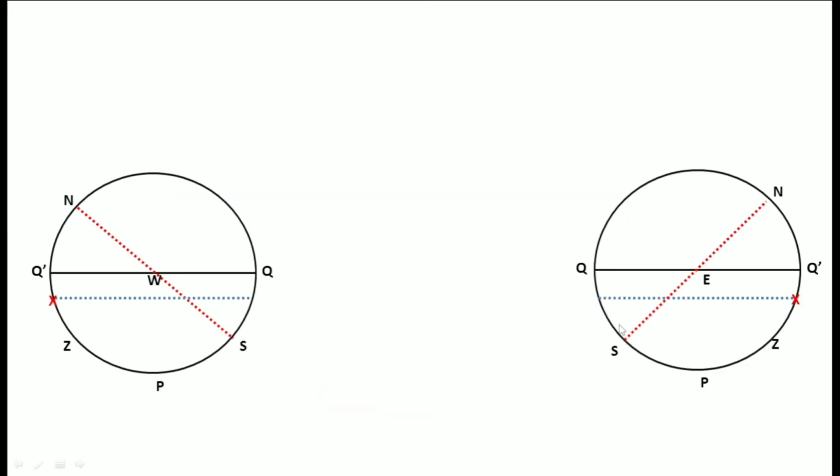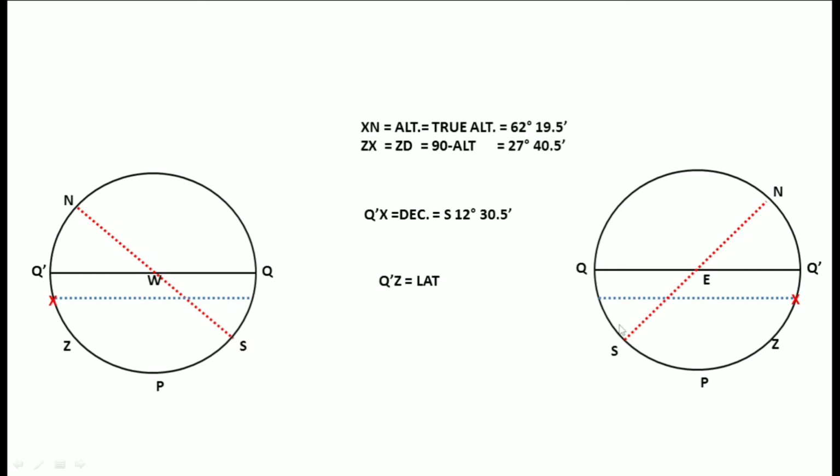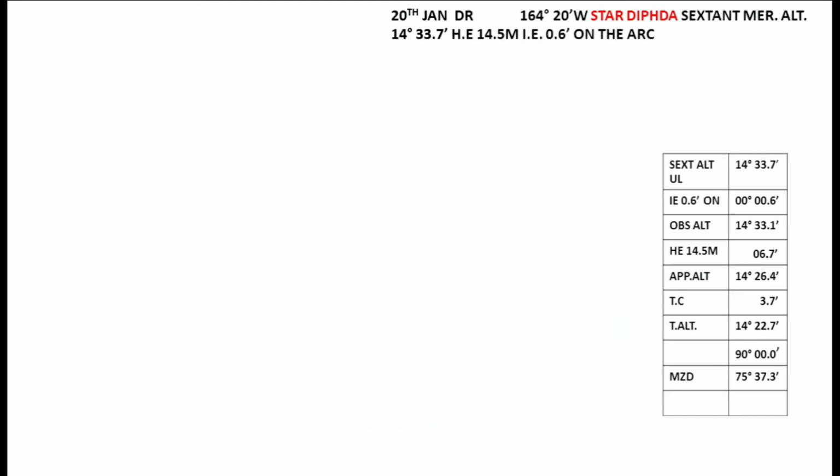This is the diagram I have drawn on the observer's meridian for the same question. You have your declination, your latitude. Latitude is this. Now in this question again I have left out the DR, and no azimuth is given, and I have calculated my meridian zenith distance.